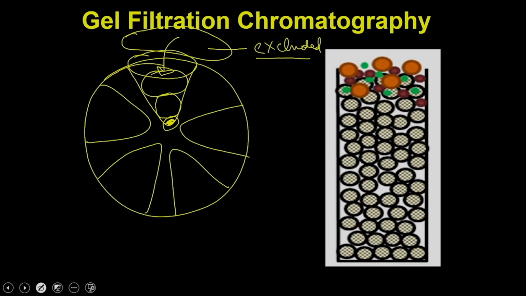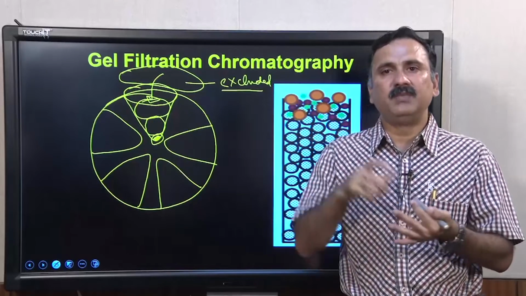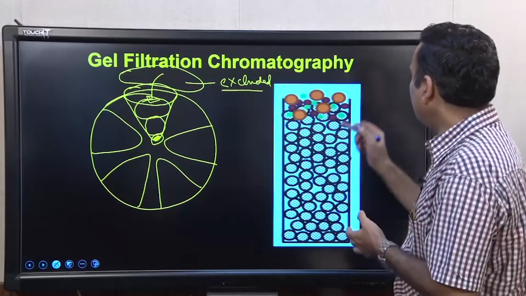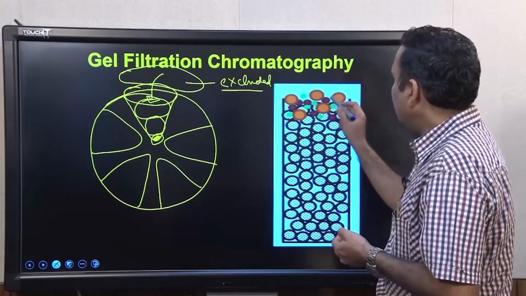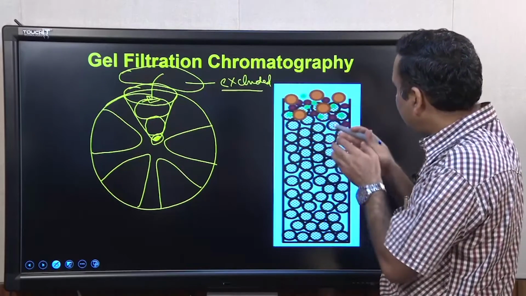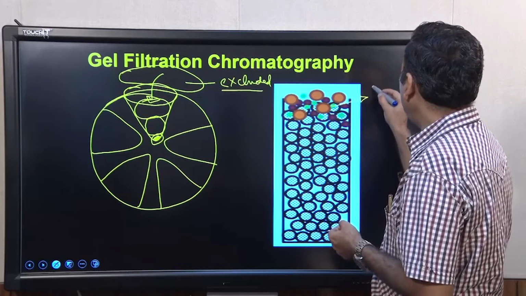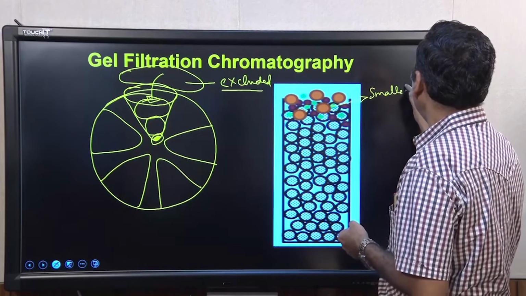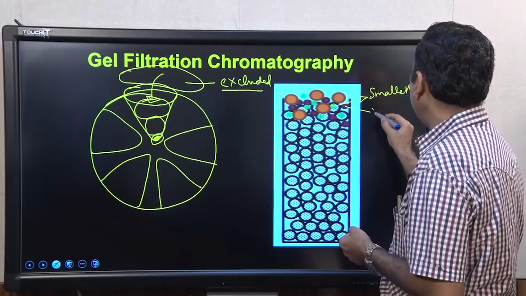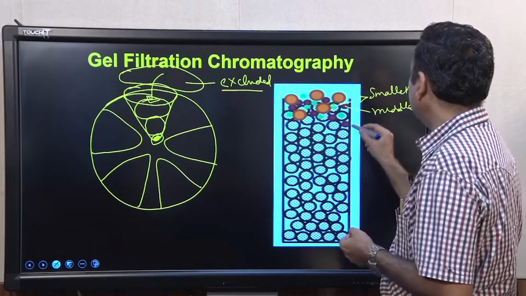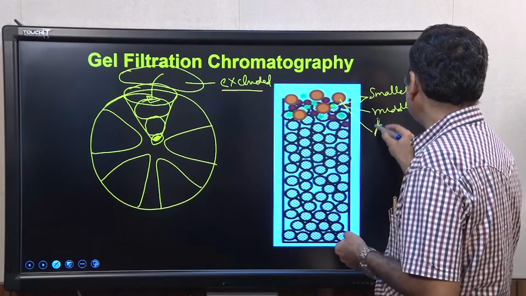Now, when you are loading the samples, this does not occur in every bead present in the column, because there is a competition between the different molecules being loaded onto the column. The green is the smallest molecule, the red is the middle size, and the orange is the largest molecule.